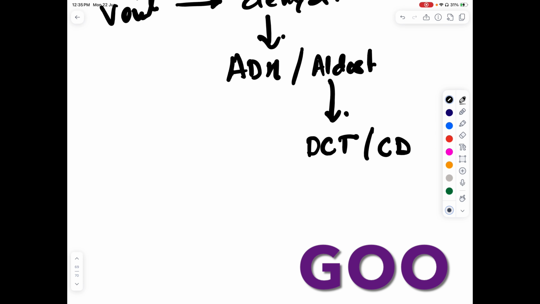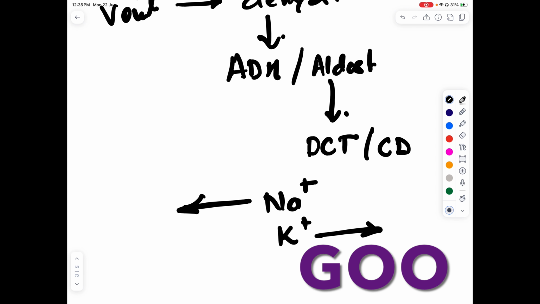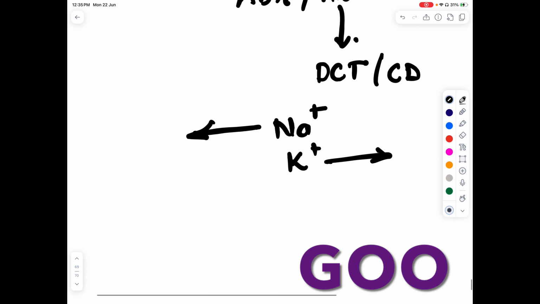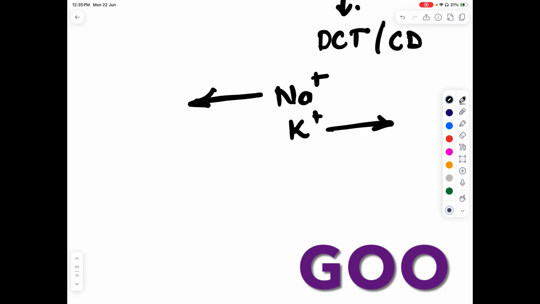Sodium is absorbed back and potassium is secreted out. Sodium in and potassium out. Along with the potassium, hydrogen ions also go out. So there is aciduria.